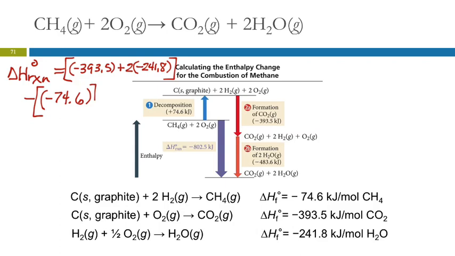Plus 0. So heats of formation. So we got minus 393.5 plus 2 times negative 241.8 equals, and then I'm going to subtract negative 74.6. Be careful with your signs. Well, I did something wrong.